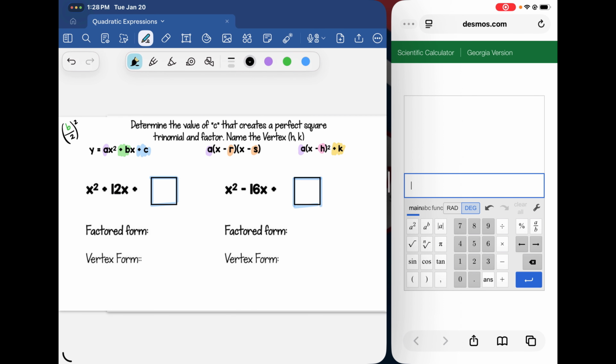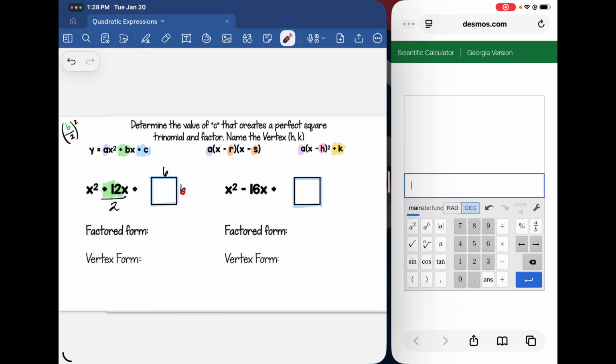All right, what about x squared plus 12x plus what? What should I do? Find my b value, which is a positive 12, and do what with it? Take half of it. Well, what is half of 12 or 12 divided by 2? A positive 6, which means 6 plus 6 is 12.